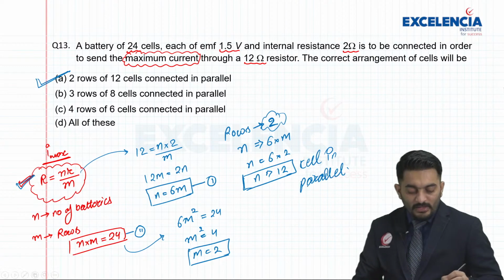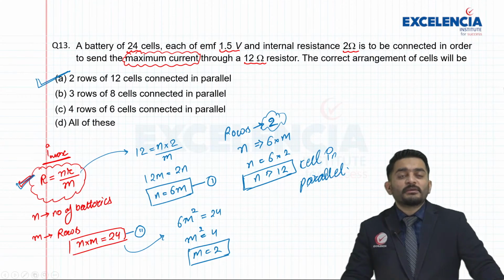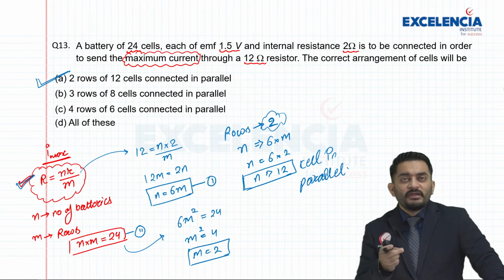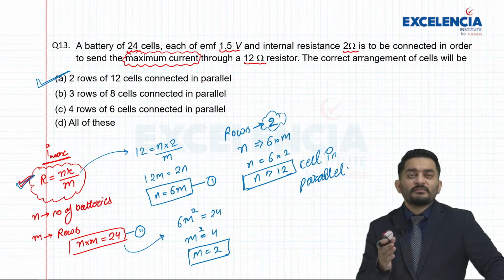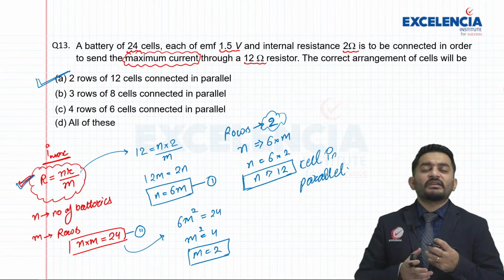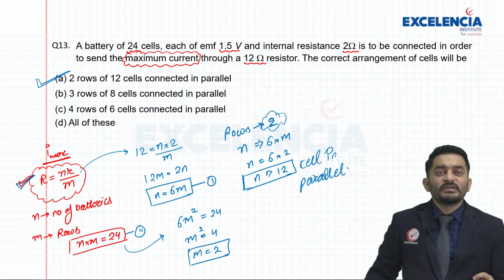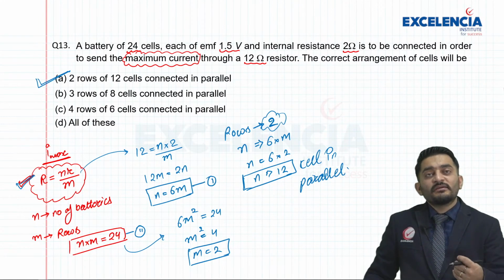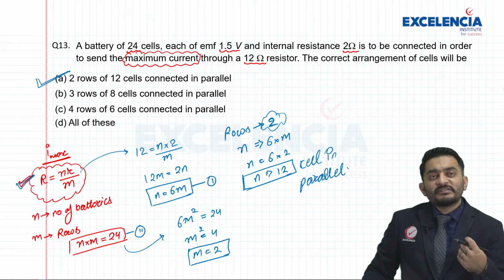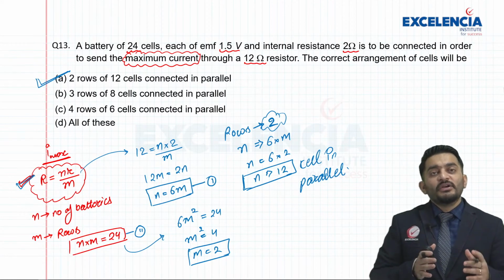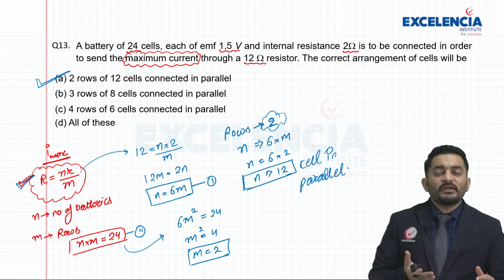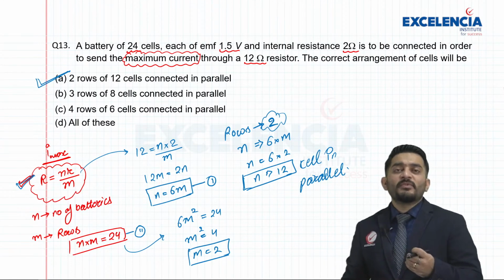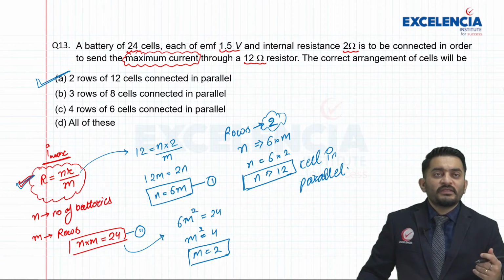Okay guys, the question is about the mixed combination of cells. Usually people have done batteries in series and batteries in parallel. So you should not get confused about this, because there is batteries in series, batteries in parallel, and this is a mixed combination where you have series and parallel both connected in one arrangement. For all 3 arrangements, the condition for Imax can be different, and you have to remember the Imax condition for all 3 cases.